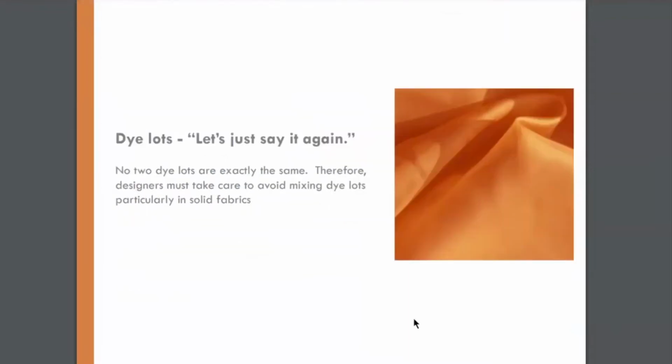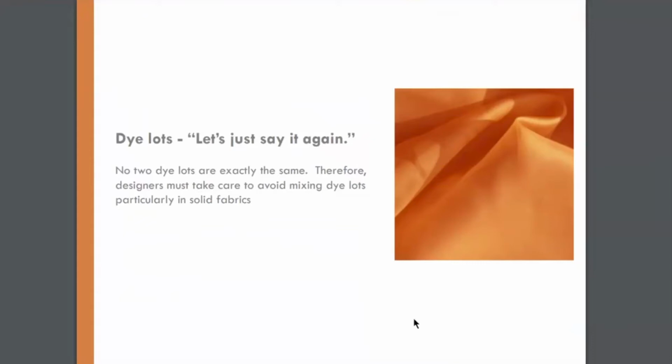We say this over and over as an interior designer: no two dye lots are exactly the same. So if you think about this piece dyeing in sample 122, if that same exact cotton and that same exact color dye was dipped six months later, it would look very close to this khaki color, but it would not be exactly the same.